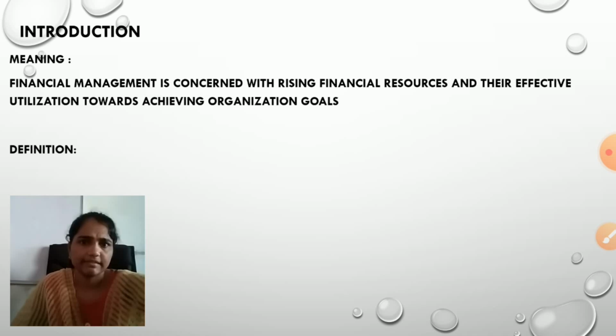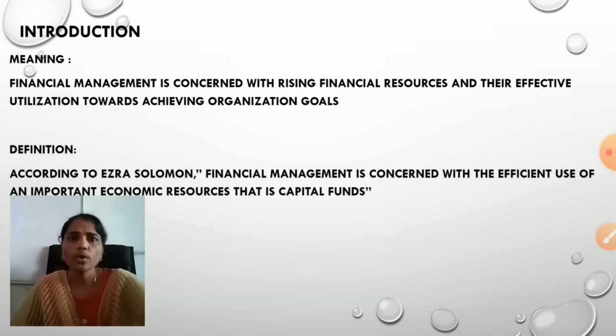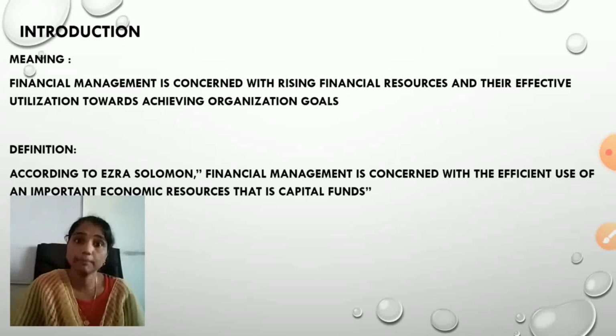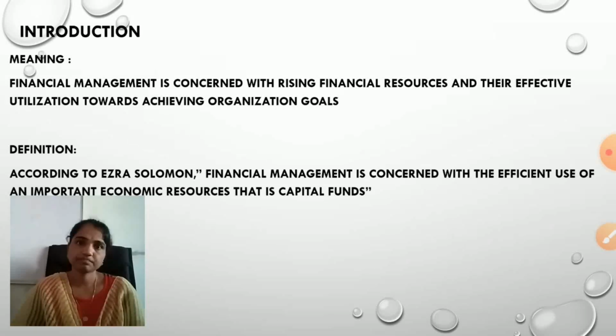So let us see the definition. According to Ezra Solomon, financial management is concerned with efficient use of an important economic resource, that is, capital funds. So financial management is concerned about efficient use. What does efficient use mean?